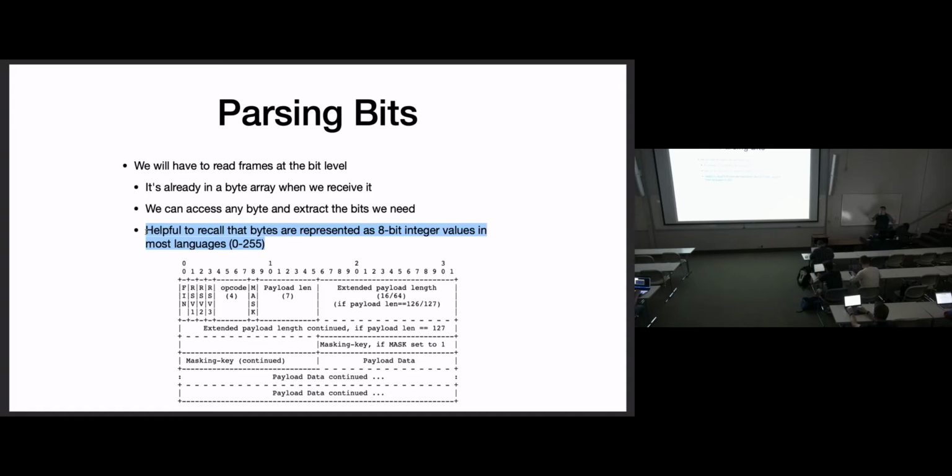We know that bytes are 8 bits, but the important keyword there is integer. In most languages, if you take a byte and print it to a screen, it's going to be printed as a decimal number. It looks like an integer value in decimal form, but we need to remember that that actually is an 8-bit representation underneath.